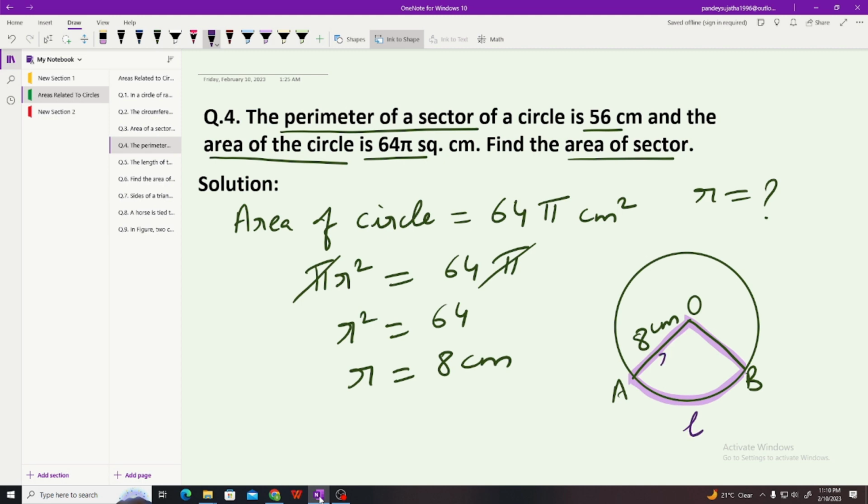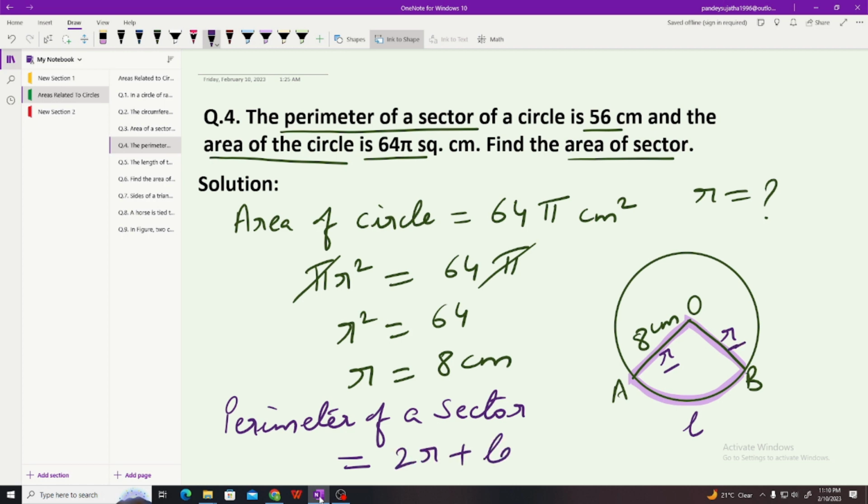So radius plus length of the arc. So we all know the perimeter of a sector is equal to, can you see, 2 times of R plus length of the arc.